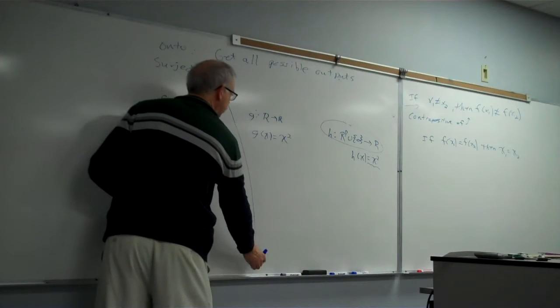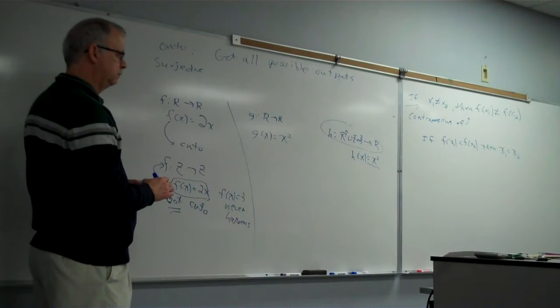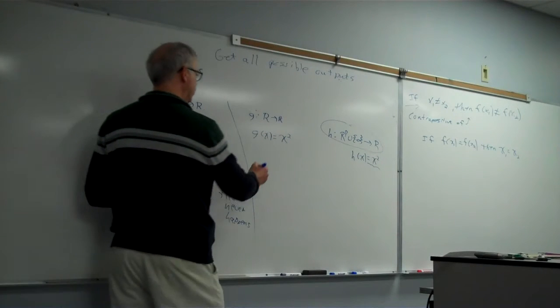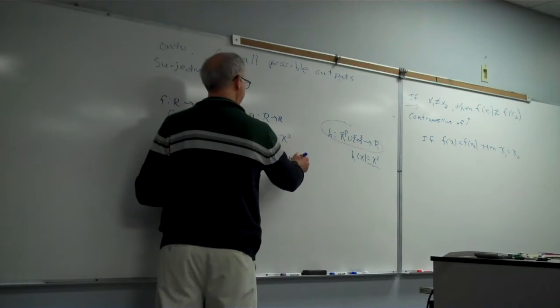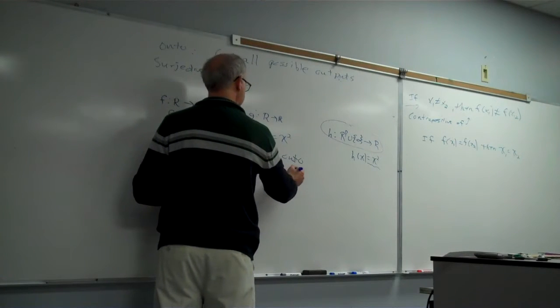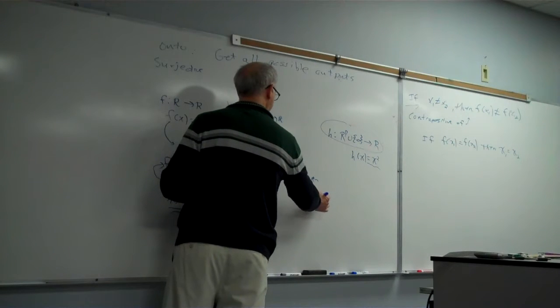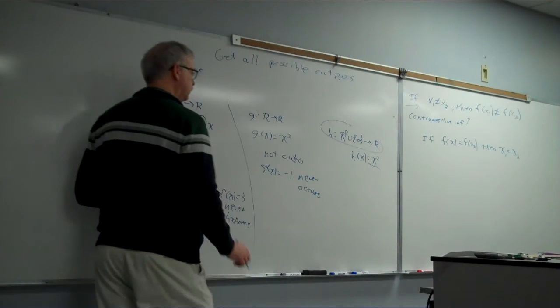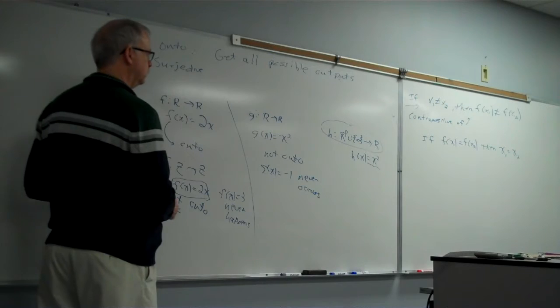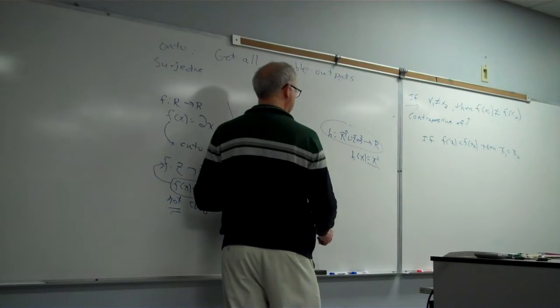What about this one? We can't get negatives. This one's not onto. g of x equals -1 never happens. Similarly here, so let me modify this a little bit.